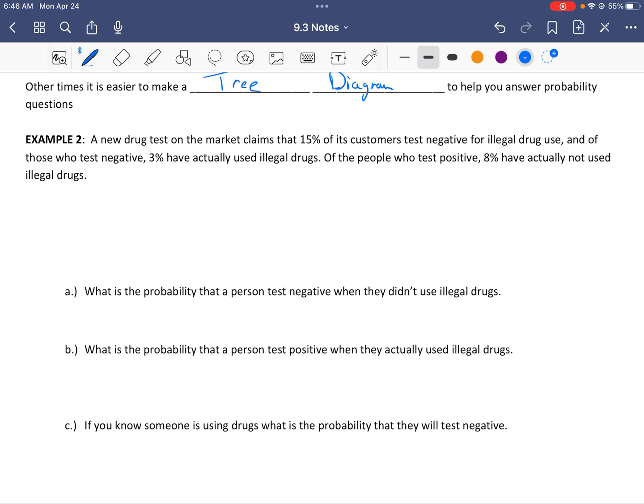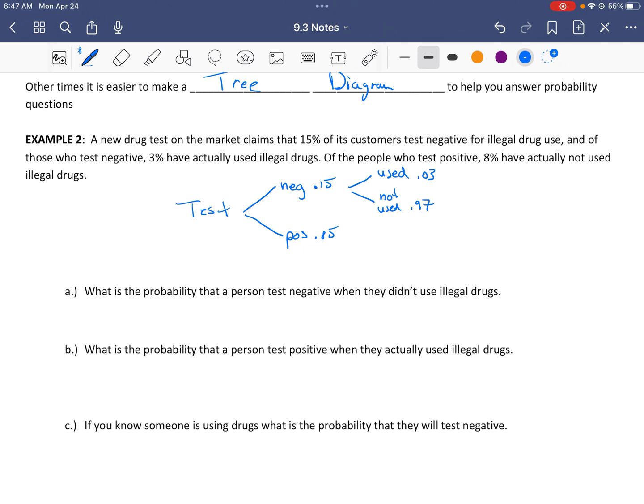All right, so we have the test, and there's 2 possibilities of the test. You could test negative, or you could test positive. So we have 15% or 0.15 negative, 0.85 positive. Of the people who test negative, 3% used and 97% did not use.